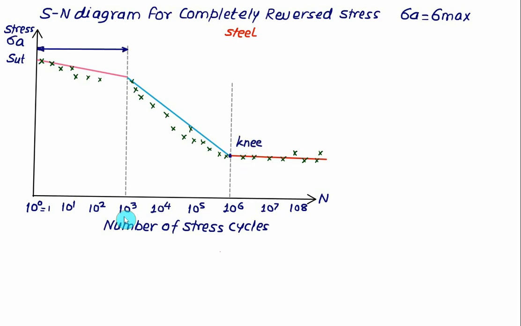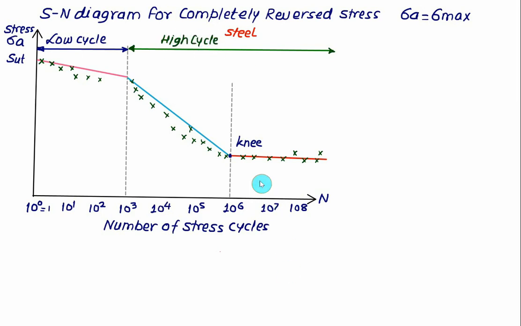Failure at less than 10 to the power 3, that is 1000 cycles, is classified as low cycle fatigue. So this range represents the low cycle fatigue range. And failure with more than 1000 cycles is classified as high cycle fatigue. So from 10 to the power 3 onward we have high cycle fatigue.